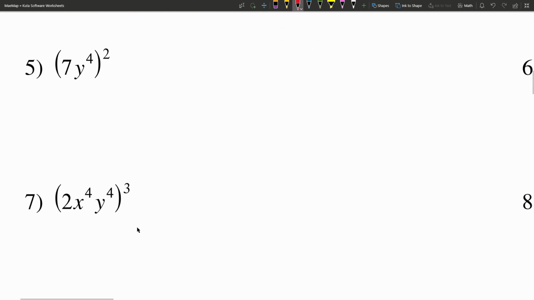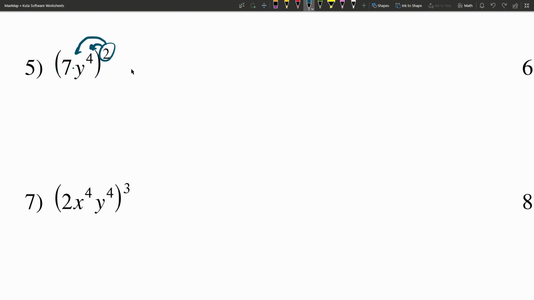Moving right along to number 5, we have 7 times y to the 4th, squared. Again, distributing this exponent through to the 7 and to the y to the 4th, each of those, the coefficient and the term of y.